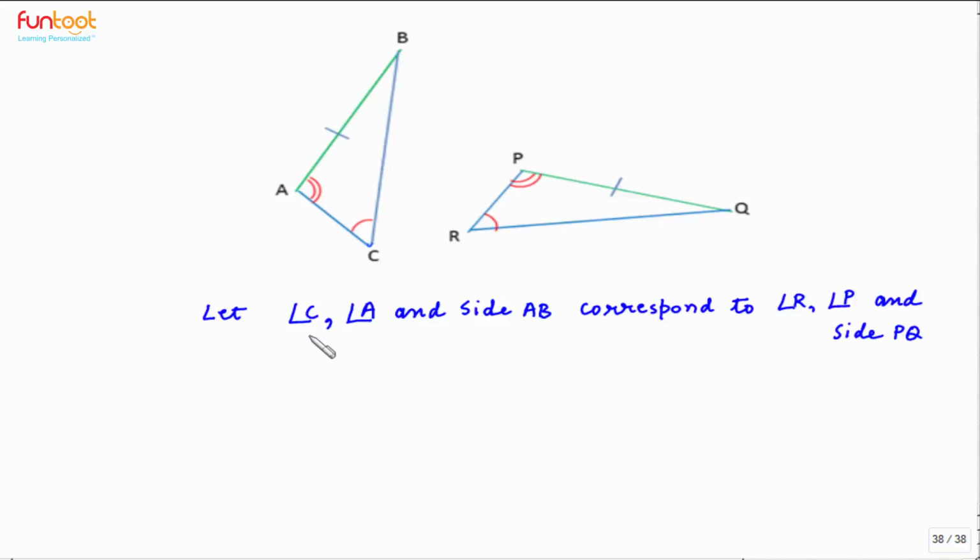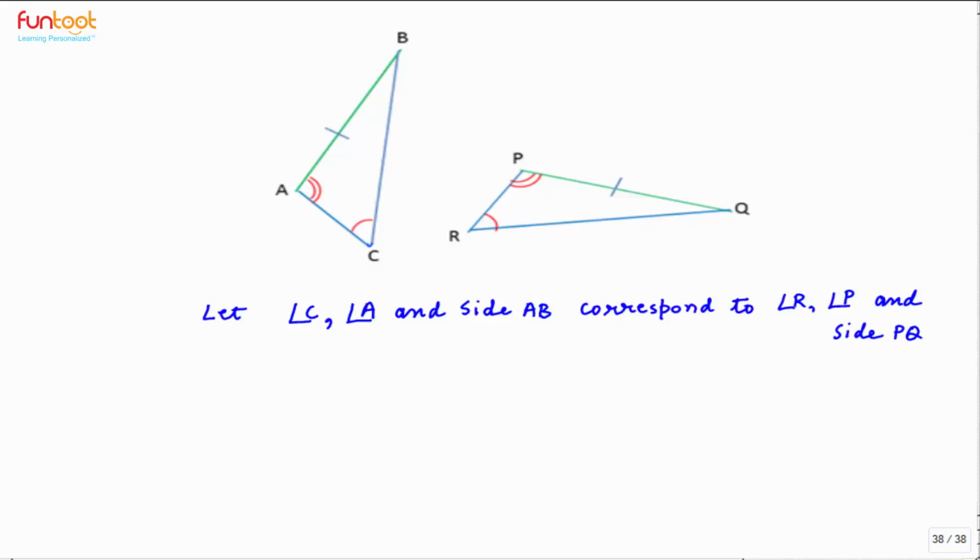Here we have generated the sequence angle, angle, side in clockwise manner. That is why we took angle C first, then angle A, then side AB in clockwise manner. Same is true with triangle PQR also. Here we are taking angle R, angle P and side PQ in clockwise manner.